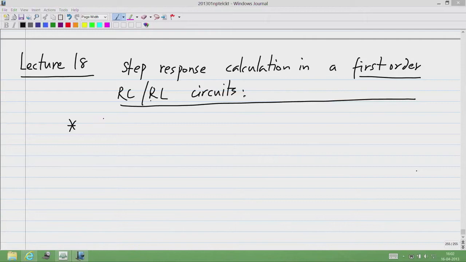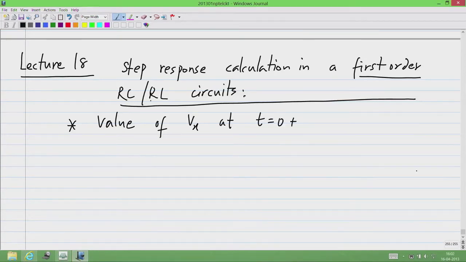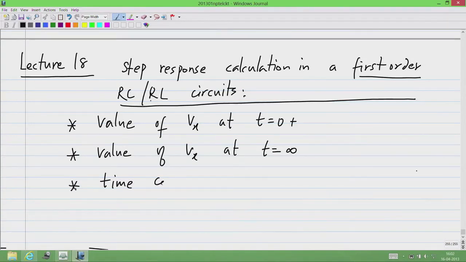So, we need to know the value of Vx at t equals 0 plus, that is just after the step is applied, the value of Vx at t equals infinity, that is when the circuit reaches steady state, and the time constant tau.